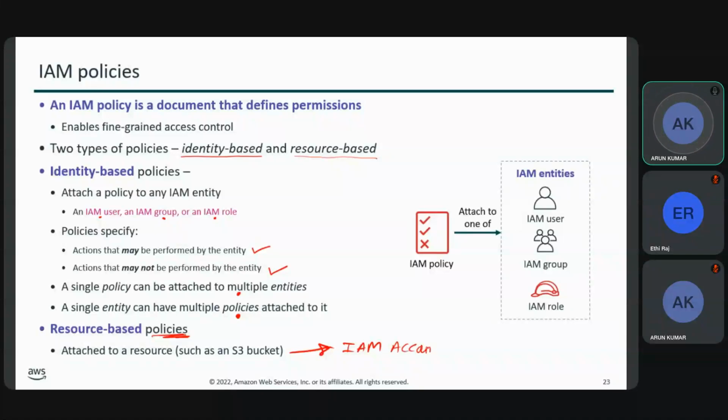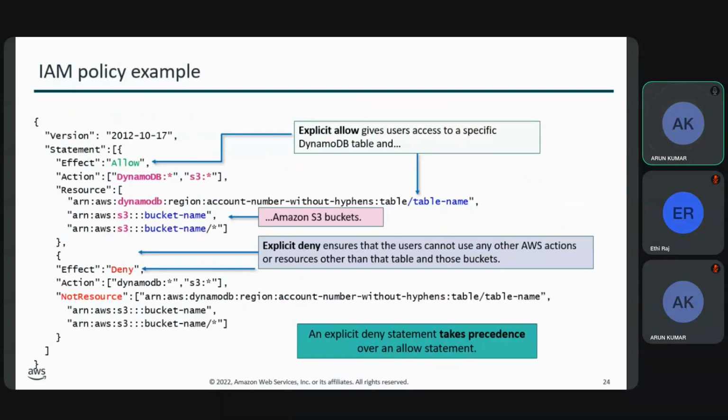Then it is not considered what role the user has, whether admin or any other, but the user has access to that S3 bucket, and that is called resource based. So whenever you map any resource to any user, it is resource based. Whenever you set some policies and form them into groups, then we can call this identity based.